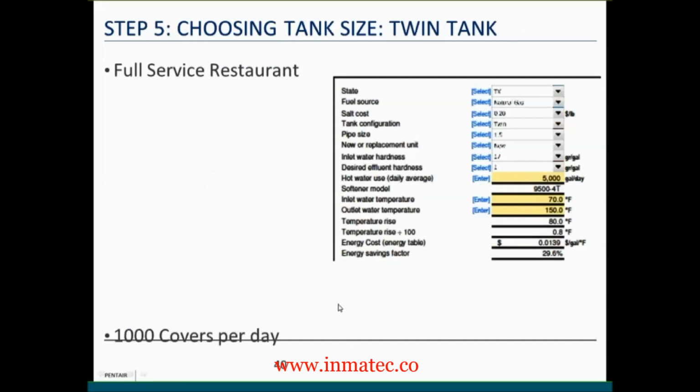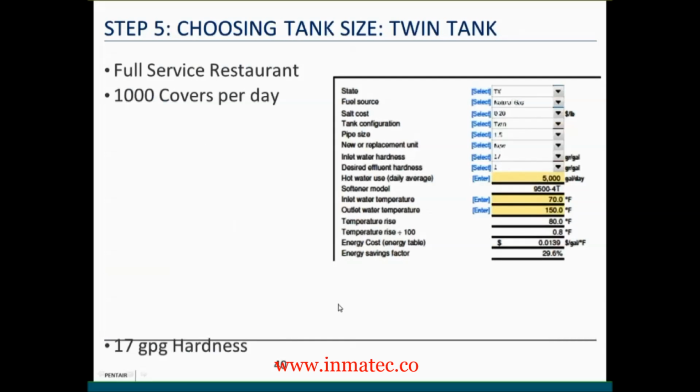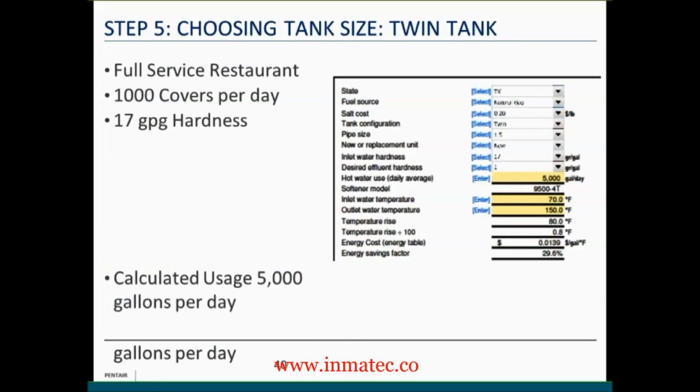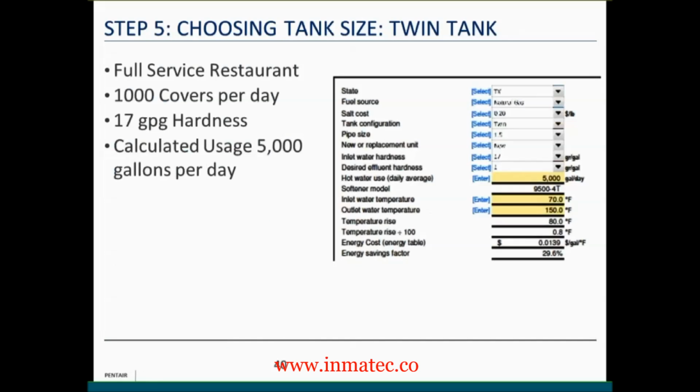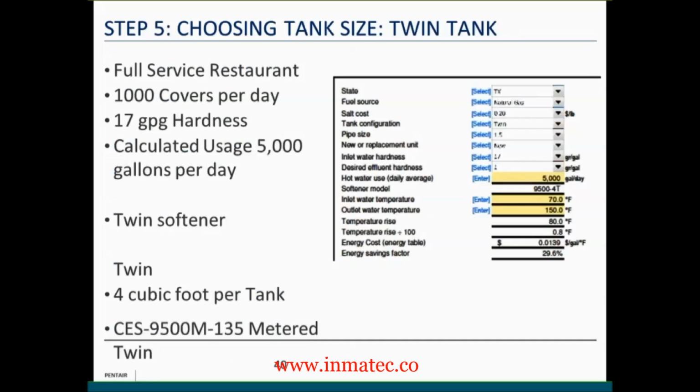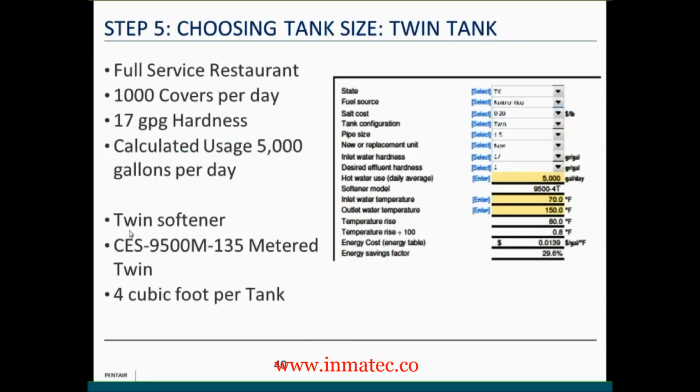Choosing a twin tank. Same restaurant. And what we come up with is a CES 9500, smaller individual tanks but twin. Each tank is 135,000 grain capacity, and this is a 4 cubic foot per tank system, a full 8 cubic feet.